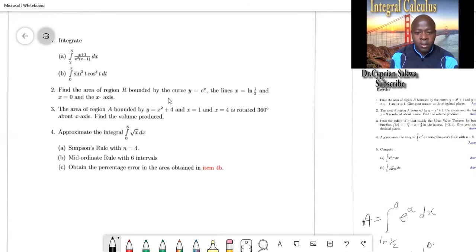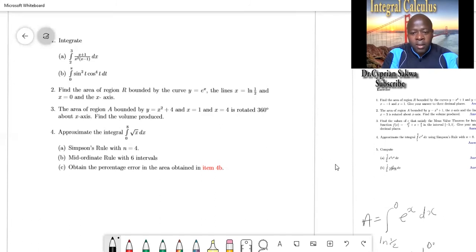So when it goes one revolution, what is the volume? That's the question. And remember that in this kind of question of volume of revolution, we have a formula for when the solid is rotated about the y-axis and when it's rotated about the x-axis.